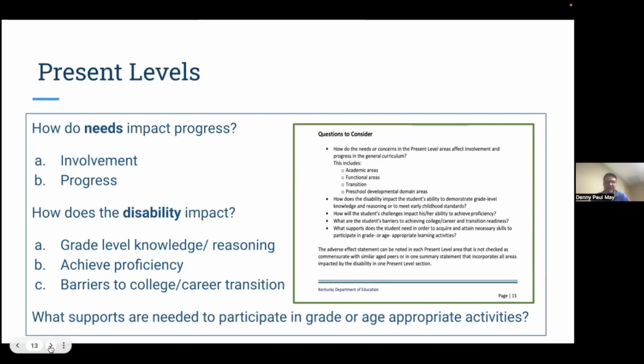So it's so very important. And what supports are needed to participate in grade or age appropriate activities? We need to be able to determine what's going to help them and what we can do for them. So that's why the IEP is so important.